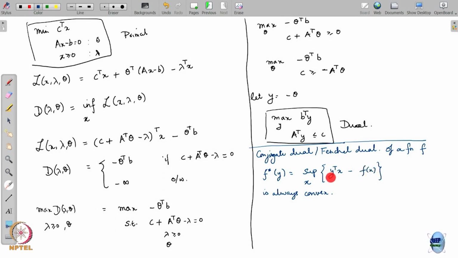So it is sort of closely related to a certain type of optimization problem, where you are minimizing f subject to, say, x greater than or equal to 0.